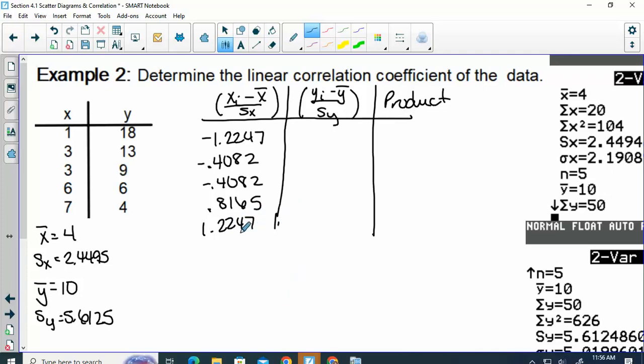We'll do the same thing for the y's: our current y value minus the mean of the y's divided by the standard deviation of the y's.